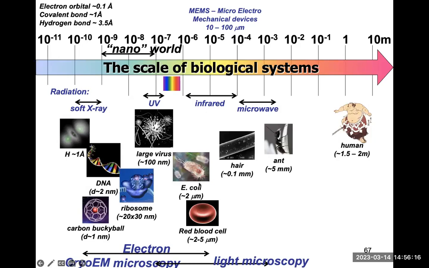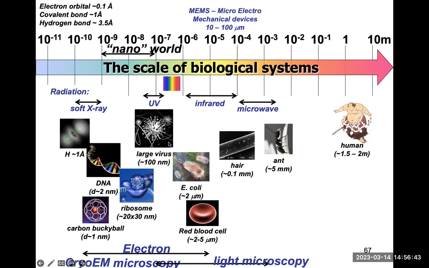That's another representation of the same thing. Here you see not only the comparison between different sizes, starting from, again, hydrogen, DNA, you see down there, carbon buckyball, ribosomes, 20 by 30 nanometers, viruses, they can be up to 100 nanometers.